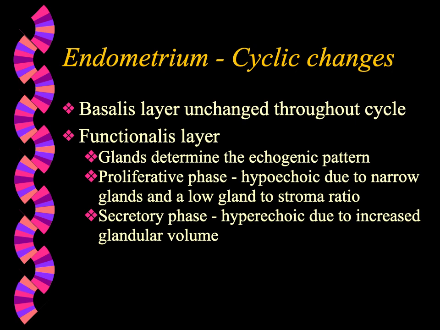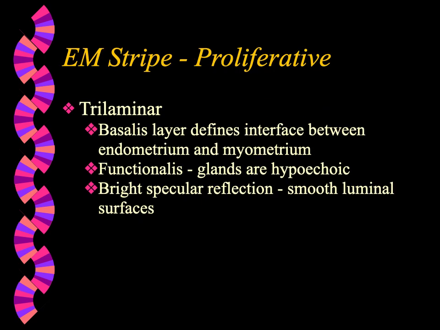During the proliferative phase, which is pre-ovulatory, it tends to be hypoechoic due to narrow glands and a low gland to stroma ratio. However, in the secretory phase, it becomes hyperechoic or brighter, whiter due to the increased glandular volume. During the proliferative phase, again pre-ovulatory, it tends to be trilaminar.